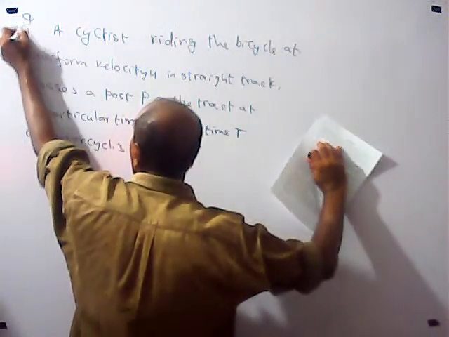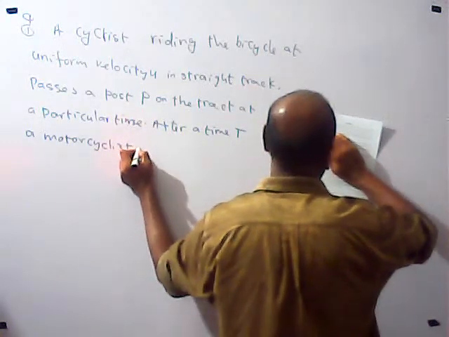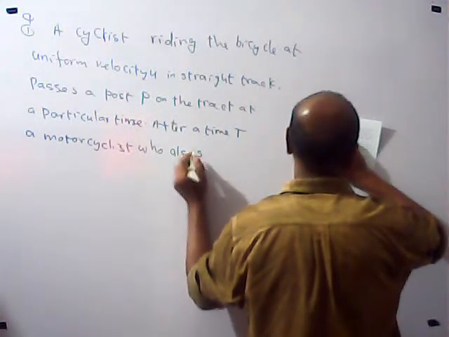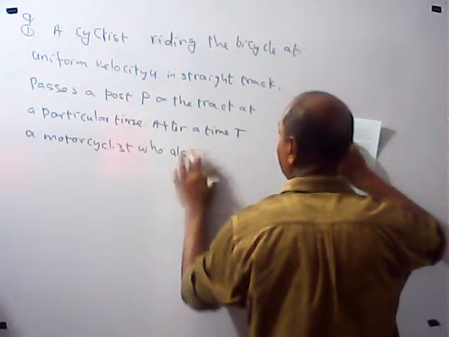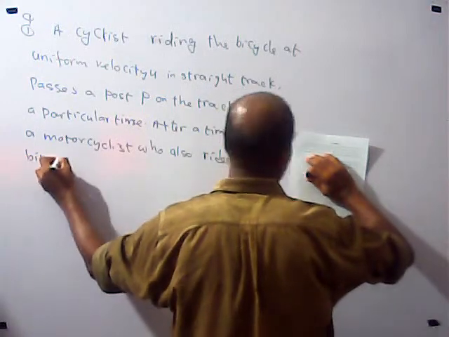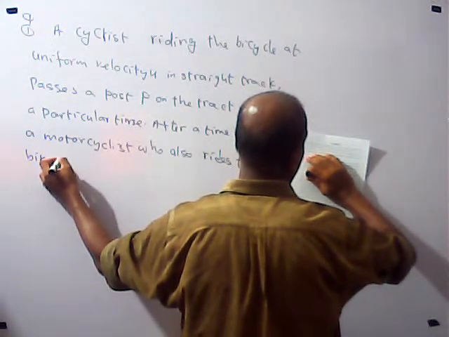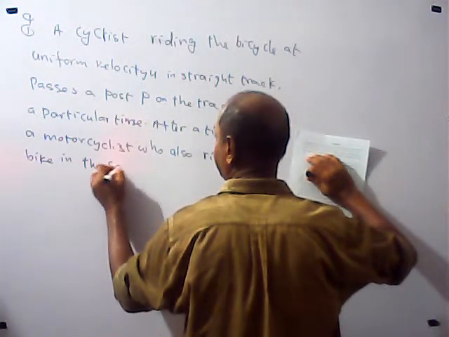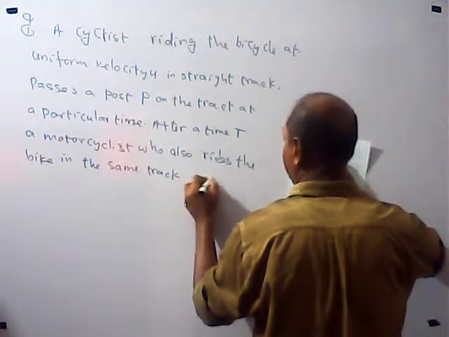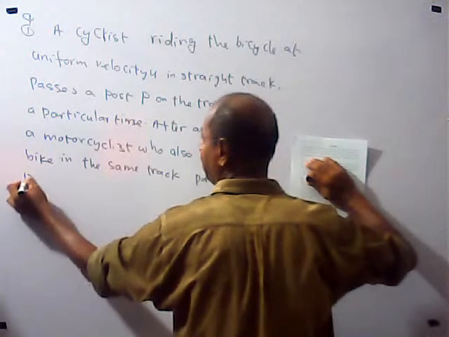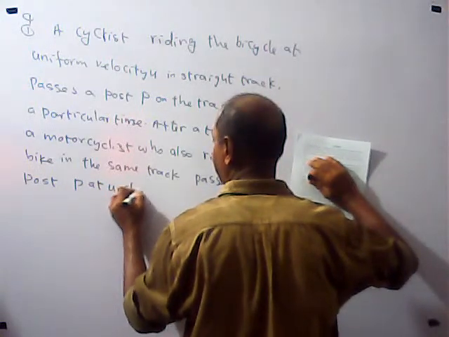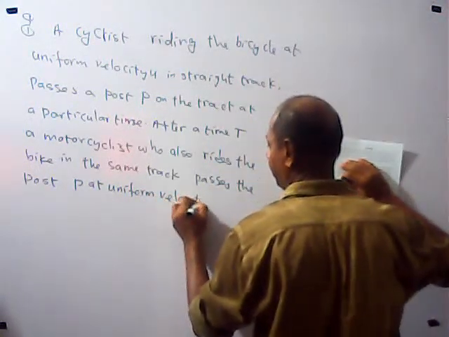The motorcyclist, who also rides a bike in the same track, passes the post P at uniform velocity 3u.